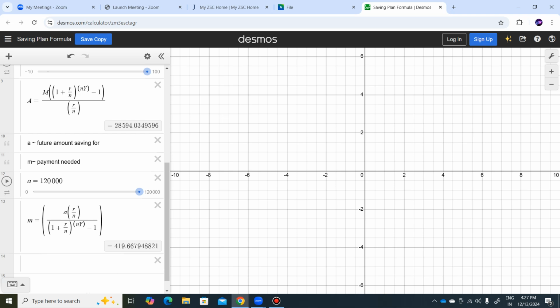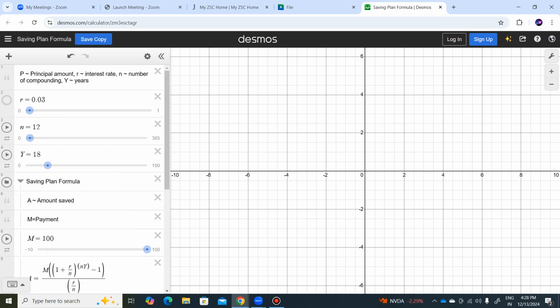The little a is the future amount you want to save for, so that's going to be the 80,000. And then the little m is what it calculates, and so you have to put away $279.78 every month. So your payment is $279.78. That's what you have to put away every month to have 80,000 in 18 years, based on that 3% interest.